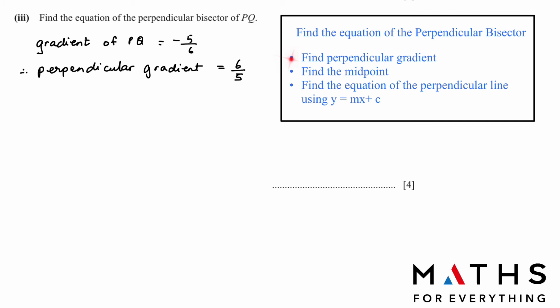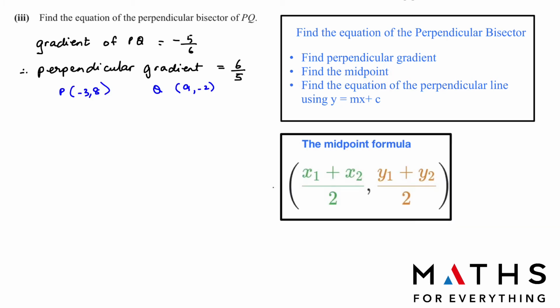So we did the first part. We found the perpendicular gradient. Now we have to find the midpoint of PQ. To find the midpoint, we are going to use this: x1 plus x2 divided by 2, y1 plus y2 divided by 2. So what are our x's? -3 plus 9.